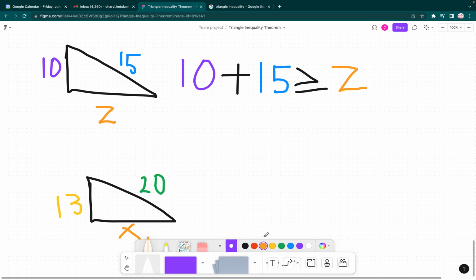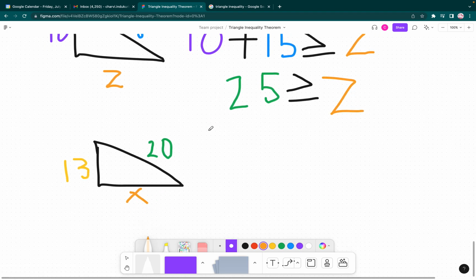Now simplify this. If you got 25 is greater than or equal to z, well, guess what? You guys are right.